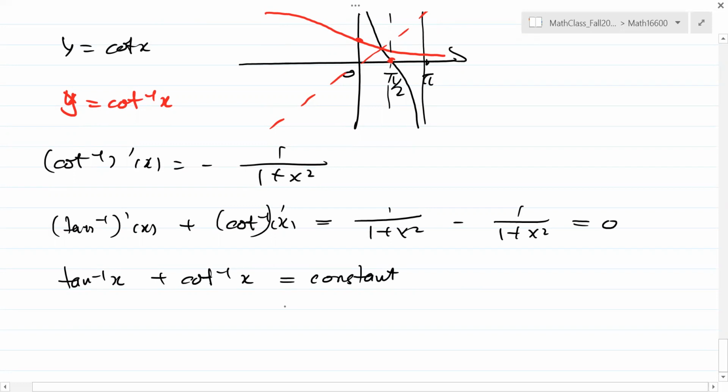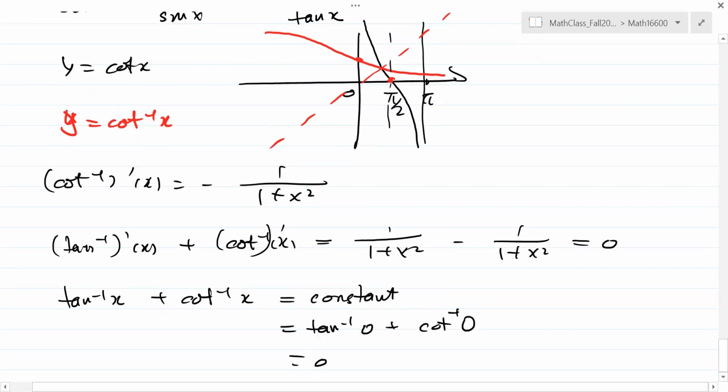So this is going to be, okay, arctangent 0 is going to be 0. Arccotangent 0 is going to be, the picture is here, pi over 2.